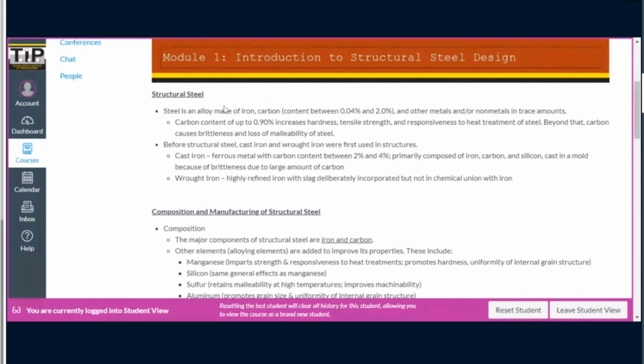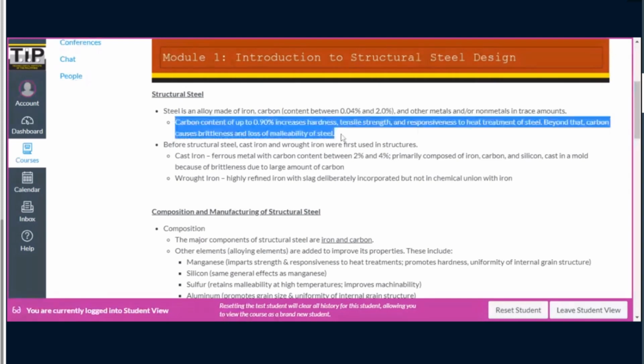So it is determined that carbon content of up to 0.90% increases hardness, tensile strength, and responsiveness to heat treatment of steel. So we will talk more about the manufacturing. Beyond that, carbon causes brittleness and loss of malleability of steel.